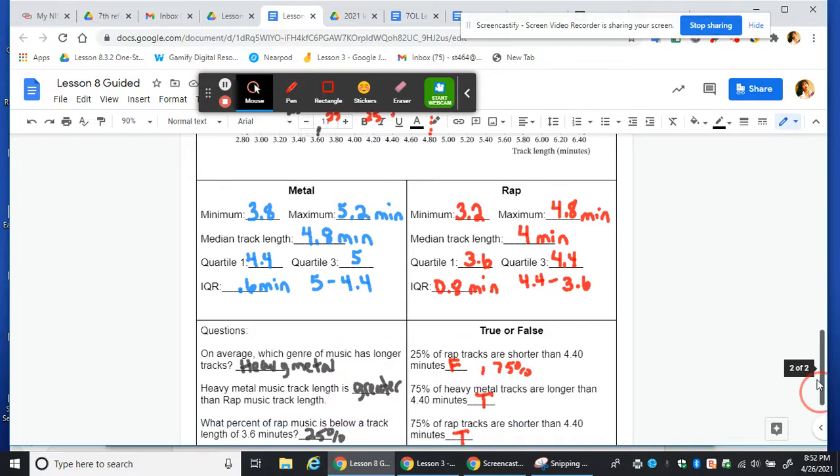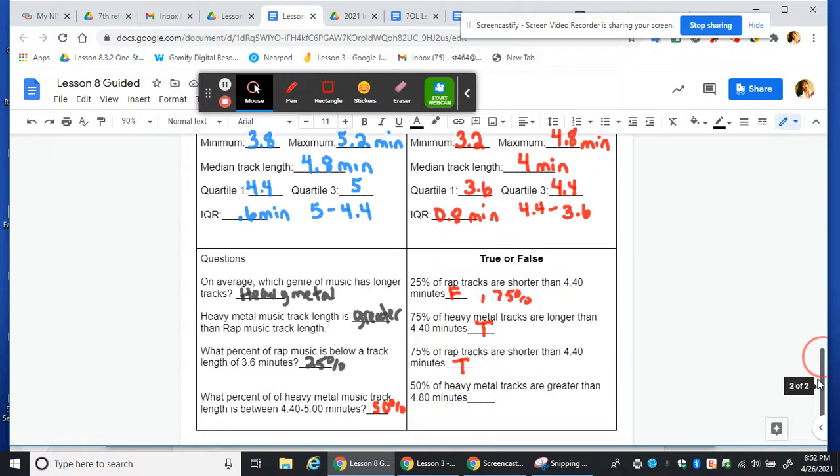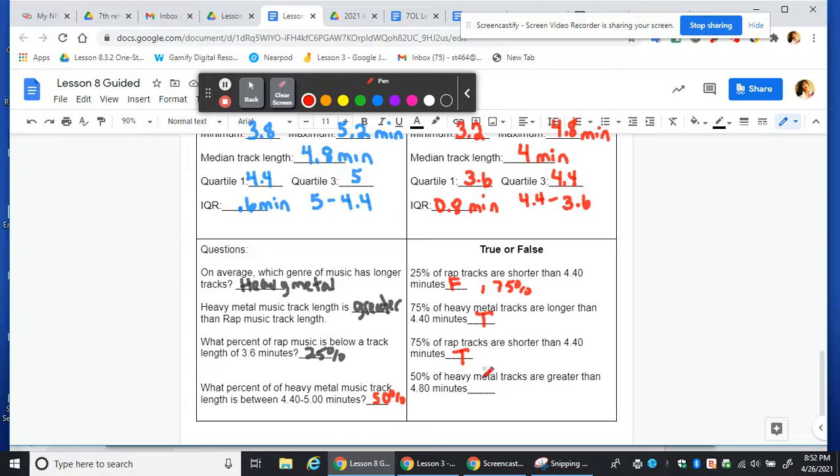And that would be true. And again, we did say that heavy metal music had longer track lengths.